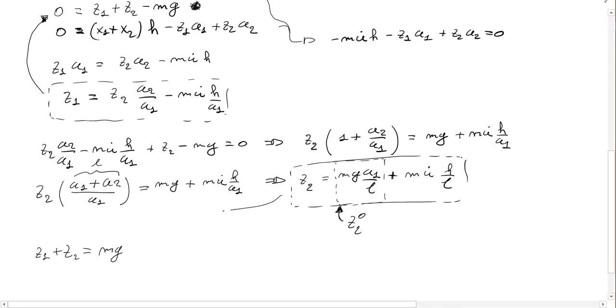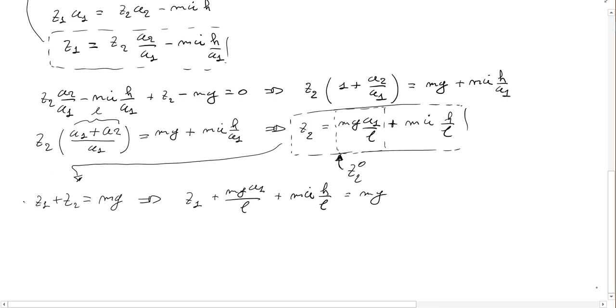So now if we put together these two equations here, we can now write that zeta 1 plus mg a1 L plus mu dot H L will be equal to mg, okay.